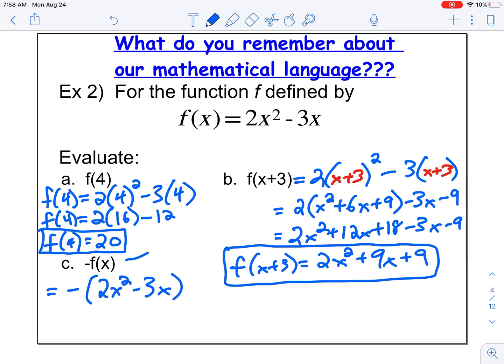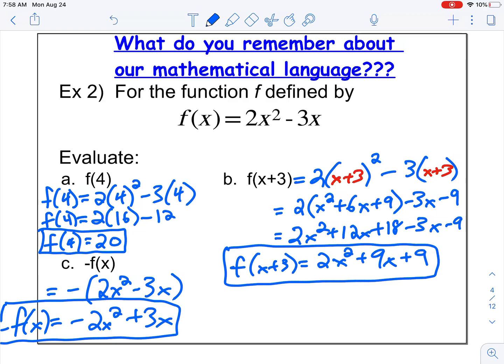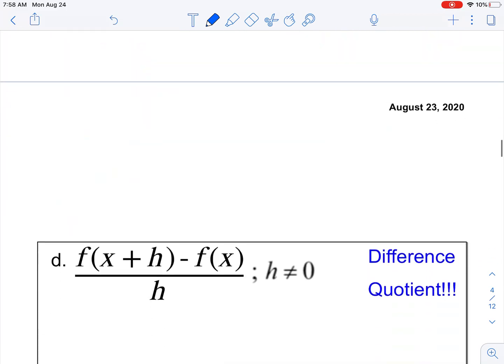Let's put in a negative. If I go up here, it's supposed to put a negative on both sides of the equation. So when I clean this up, all I have to do is strip the negative, and it's negative 2x squared plus 3x, negative f of x. All right. So using our mathematical notation there to clean some things up.